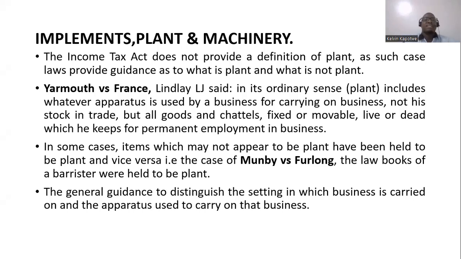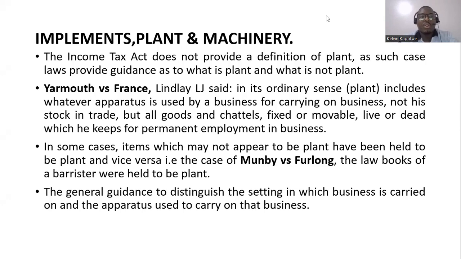So the Income Tax Act does not provide a definition of a plant. As such, case laws provide guidance as to what is plant and what is not plant. All right.